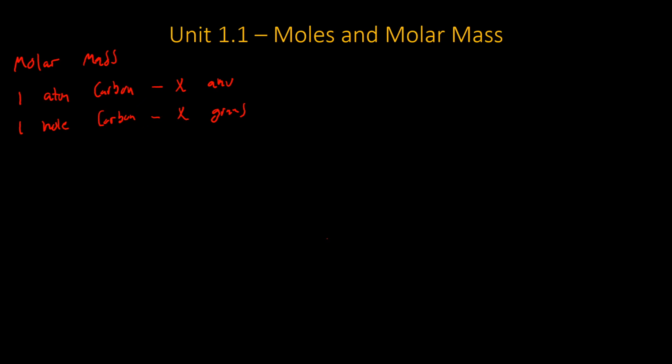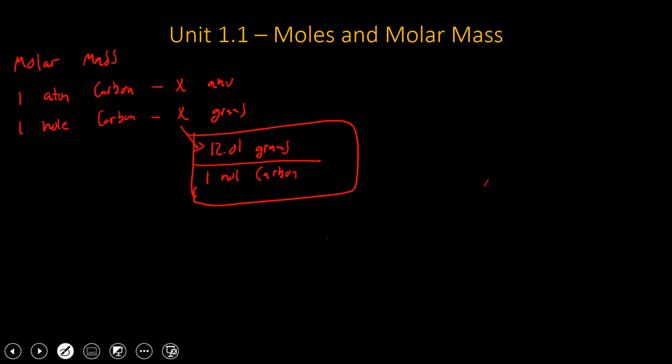Well, this value is actually going to be around 12.01 grams. For how much carbon are we weighing right now? 1 mole of carbon. As it turns out, this idea is just your molar mass.